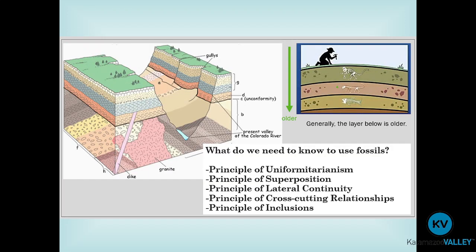So with a little bit of fun and something to hunt for on your next trip to Lake Michigan, I'm going to circle back to that very first concept that we talked about here, and that's that principle of superposition and original horizontality. These are part of what we call Steno's Laws. Steno was an initial geologist who set a lot of the principles that we still carry today in terms of relative dating.